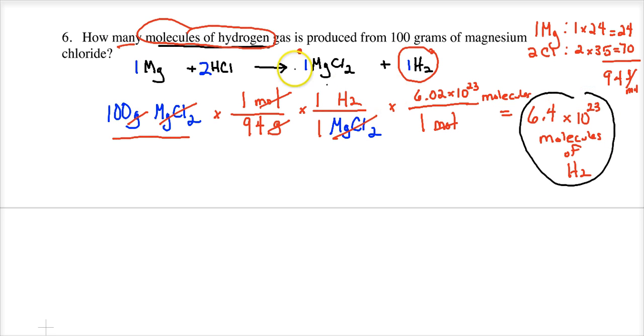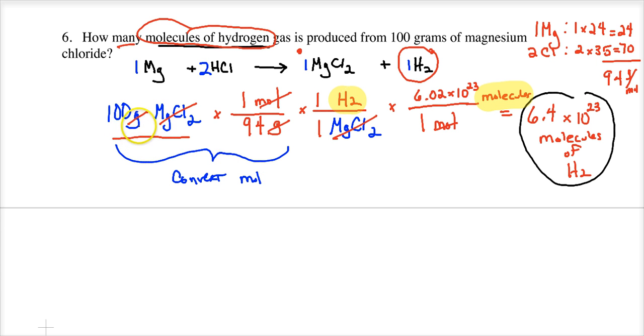Everything cancels except for what? Two things, hydrogen and molecules. All right, but what did we do here, guys? Right here we converted to moles. You've got to see what we're doing. We had to go to moles because we were in a how heavy number, not a how many number.